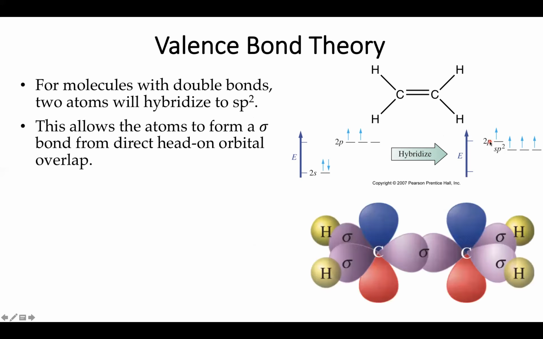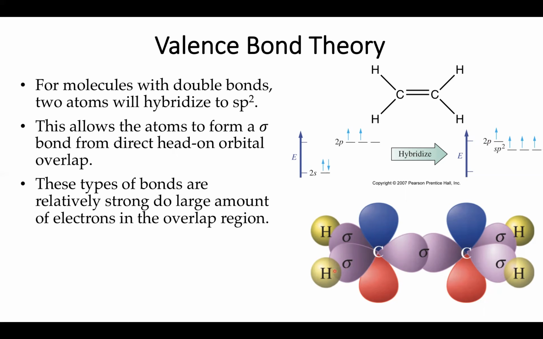Now, my sp2 orbitals have 1 electron in each. They'll overlap with a partially occupied orbital on an adjacent atom. So for the hydrogen atoms, this is going to make a sigma bond, which is a way of talking about a direct head-on overlap between 2 orbitals. In this case, an sp2 orbital and an s orbital.